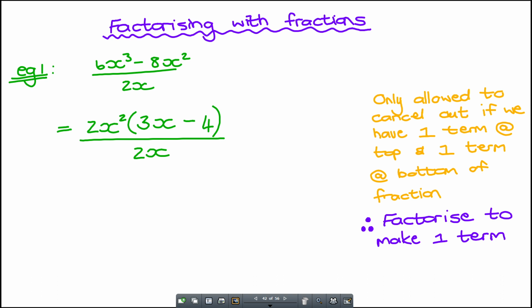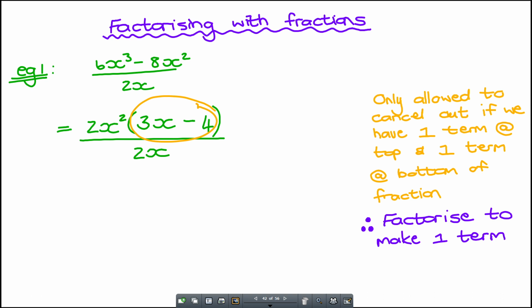Now, very important. If you want to cancel out a bracket, I cannot just cancel out this x with the x at the bottom. If you want to take something from the bracket, you take all of it, or you're not allowed to touch it at all. So you either take the full bracket, or I can't touch it.